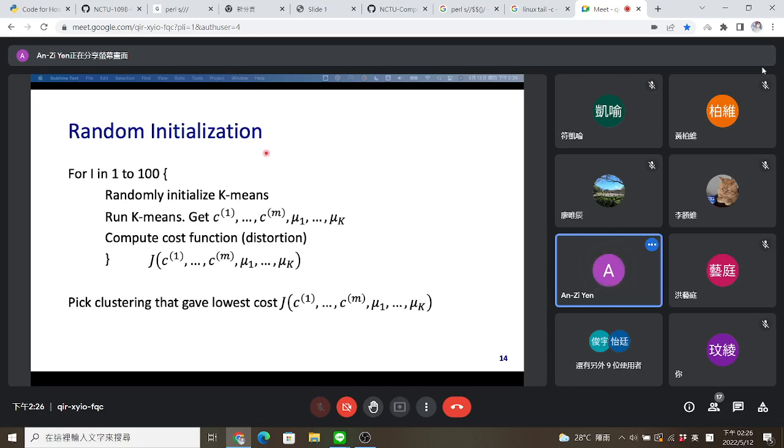So if we do multiple random initialization, we'll probably get a slightly better solution, but maybe not that much.